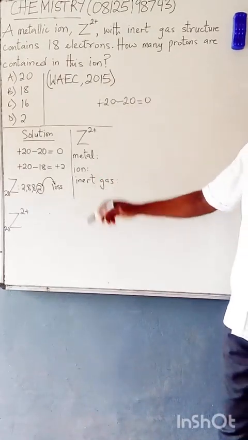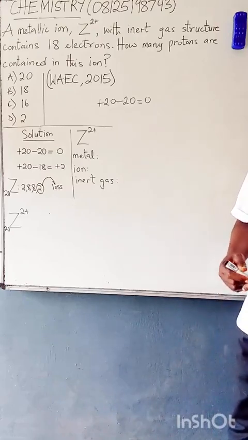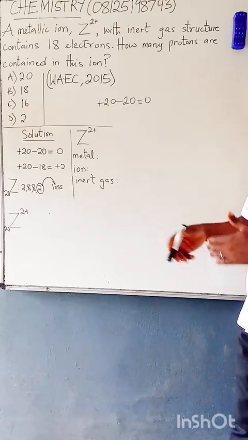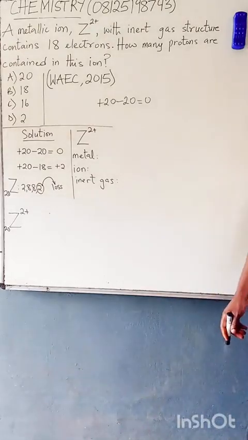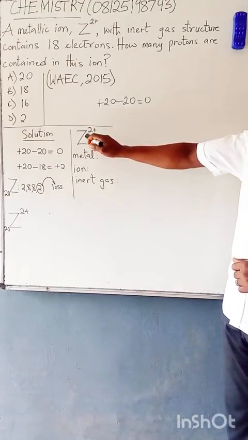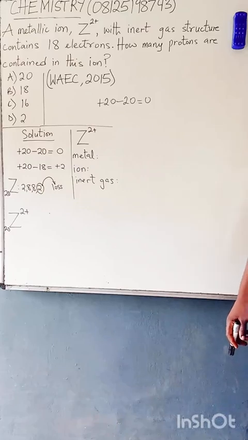So what is an ion? An ion is an atom or a group of atoms which has a net charge. Like this. What's the net charge here? 2 plus. Is that clear?